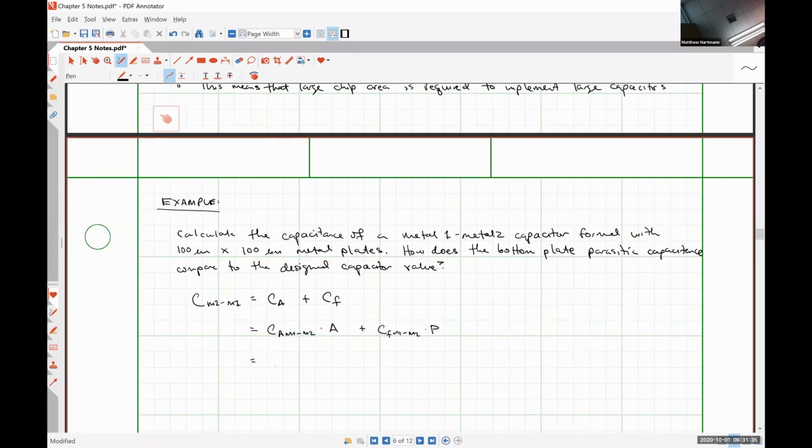So I'm going to have 33 attofarads per micron squared multiplied by 100 microns squared plus 47 attofarads per micron multiplied by, it's a square plate, so the perimeter is simply 4 times the length of one side, so 400 microns.